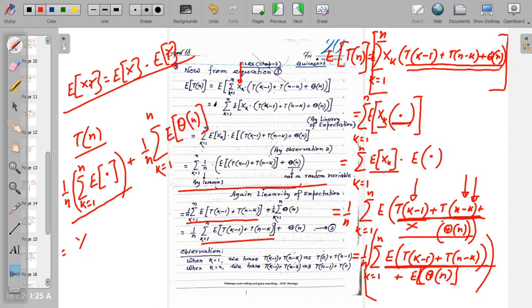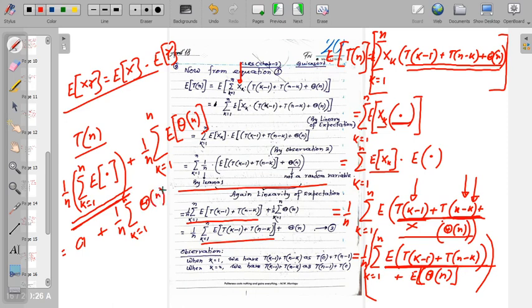Now this term I am denoting as something, say, and it will be taken separately, plus this 1 by n. The expectation of some constant is that constant itself, so with k equals 1 to n, this is theta n.